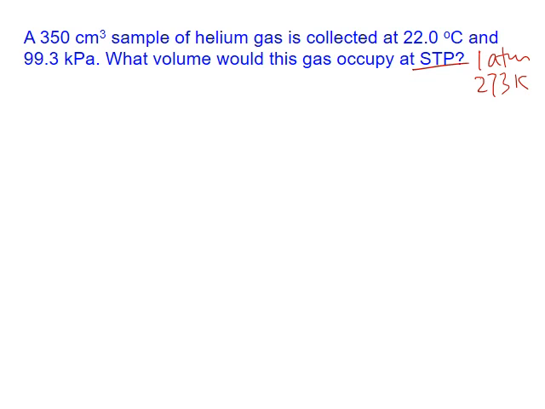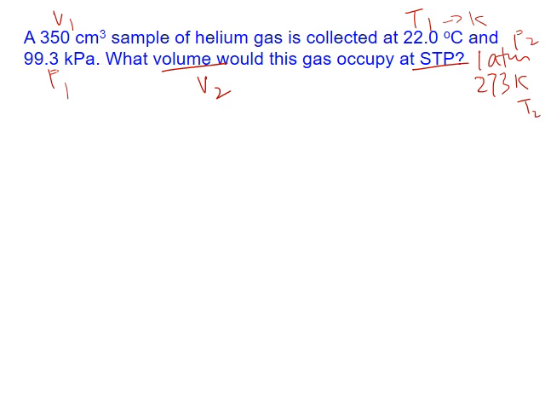Okay, initially V1 is 350 cubic centimeter, T1 is 22 Celsius, and you need to change to Kelvin, and P1 is 99.3 kilopascal. And then state 2, V2 is to be calculated, and P2 is 1 atmosphere, and T2 is 273 Kelvin.